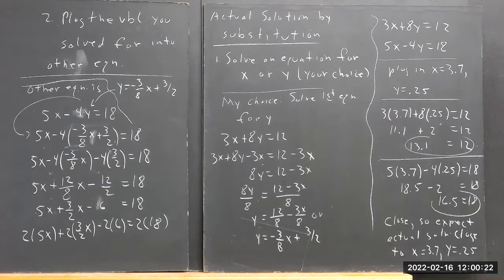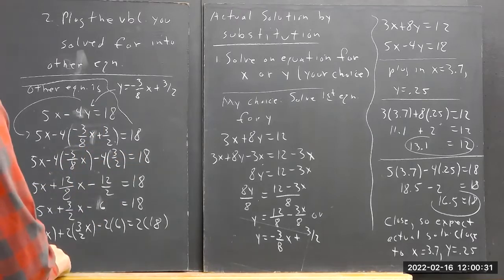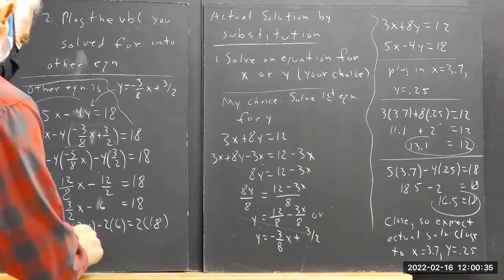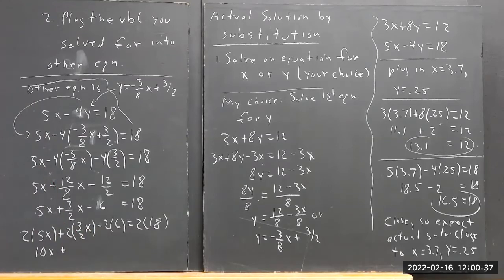Pretty clear. I mean, every term's written down with a 2 in front of it. And 2 times 5x is clearly 10x. 2 times 3 halves. Well, it's like 2 over 1 times 3 halves, right?